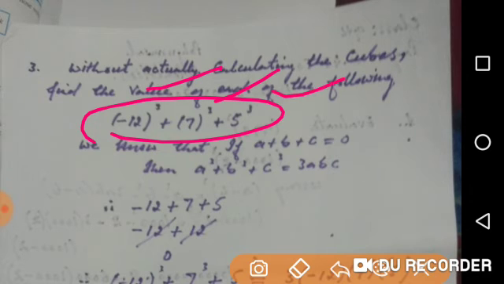So here we will not directly calculate the cube like this. We will multiply 12 3 times, 7 3 times, and 5 3 times, then we will add and subtract. In that way we also get the answer, but the question is here without calculating the cubes. So it means he is asking us to use an identity.